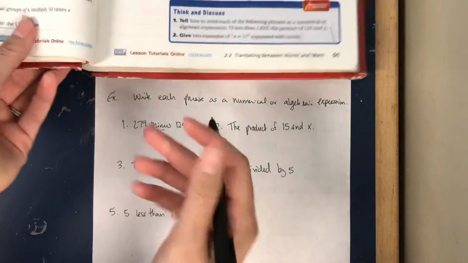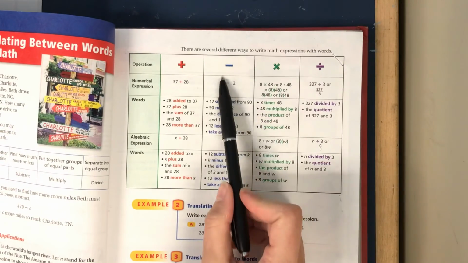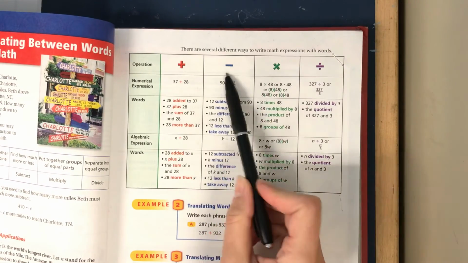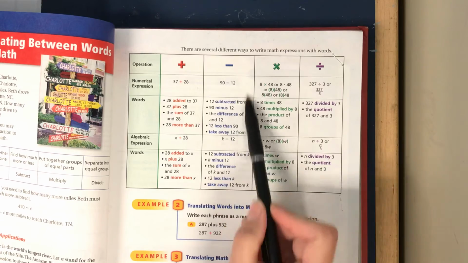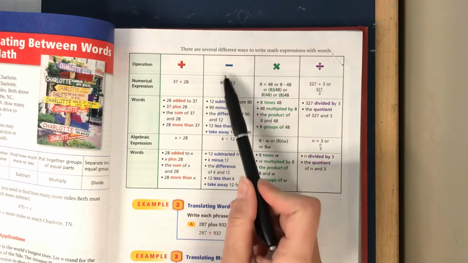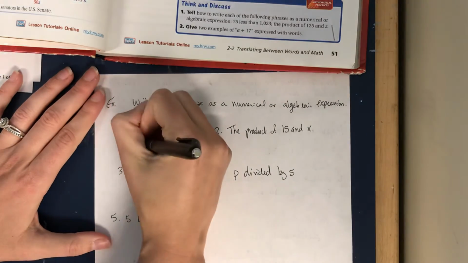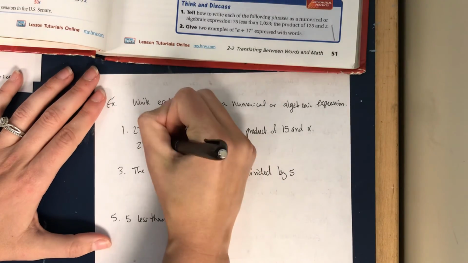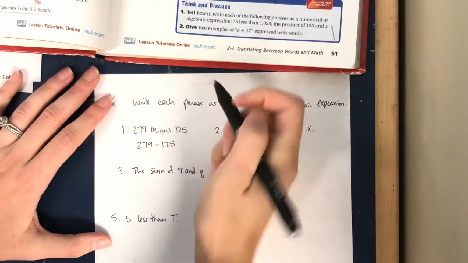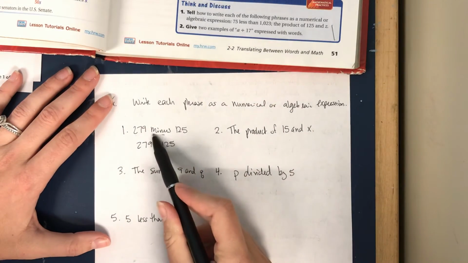Well, our minus here is actually not even a special word, because minus means difference, but right here we know that we are subtracting. So all I'm going to do is write 279 minus 125. You do also have to look at the order.